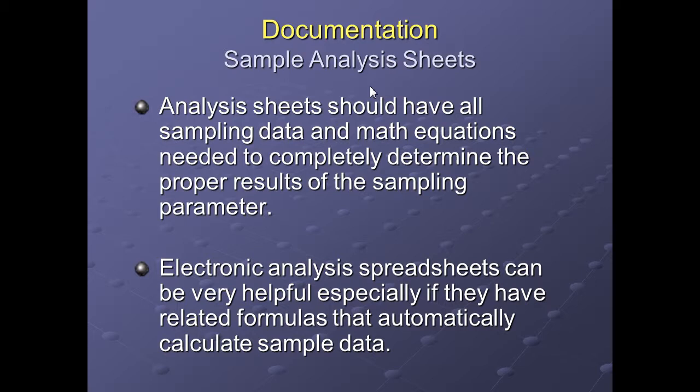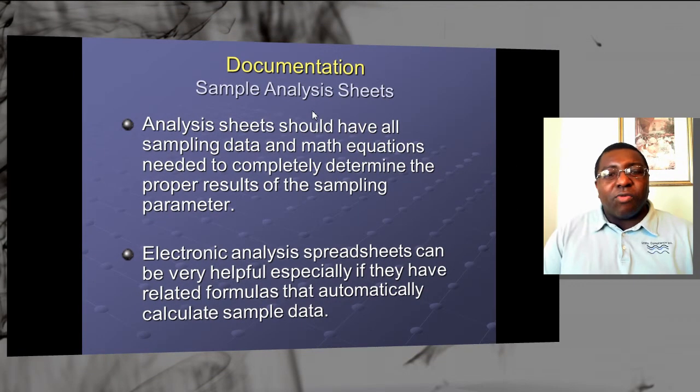Electronic analysis spreadsheets, such as programs like HawkWims, that's one that I'm very familiar with. You can start with your written documentation, which you would have to start with on paper, and then later on you move that forward and put it onto your spreadsheet in your HawkWims program.